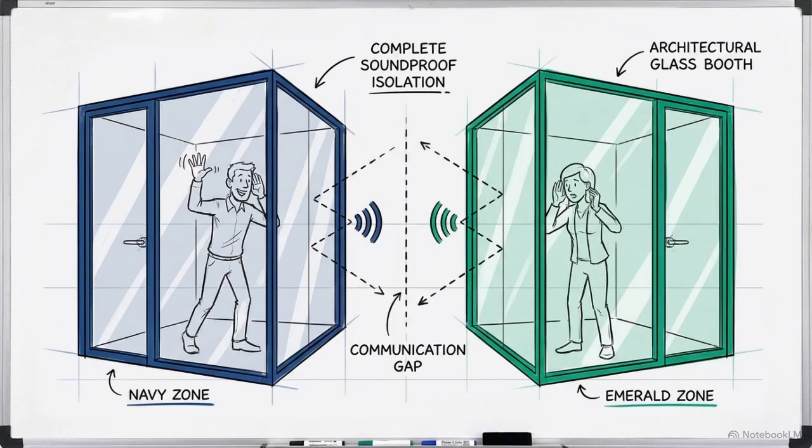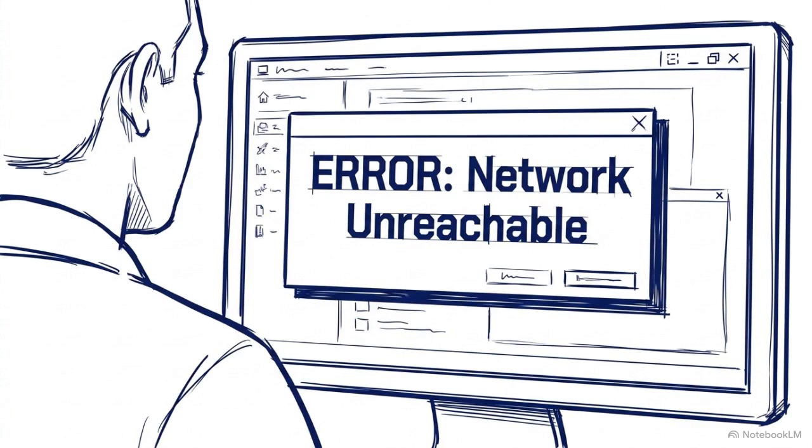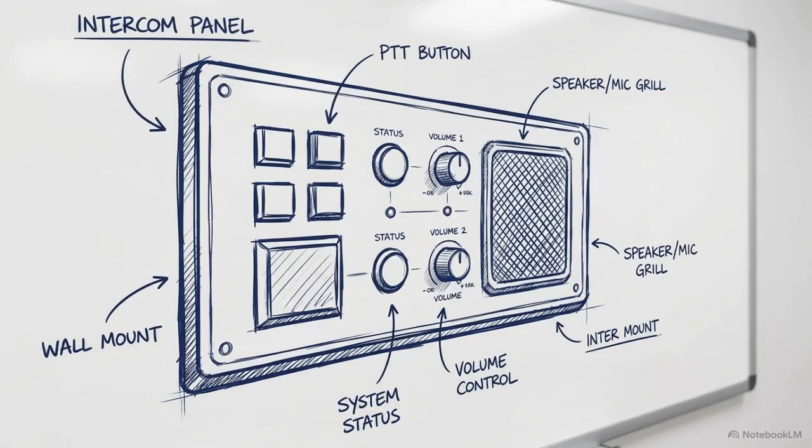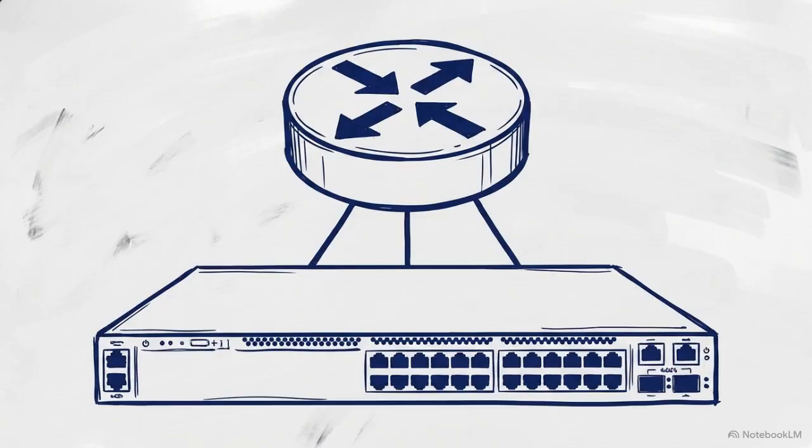This creates perfect isolation, but it also creates a new problem. If the walls are truly soundproof, how does the HR manager send an email to the finance director? We have to install a secure intercom system between the rooms. In networking, this is called Inter-VLAN routing. This router acts like a specialized gatekeeper.